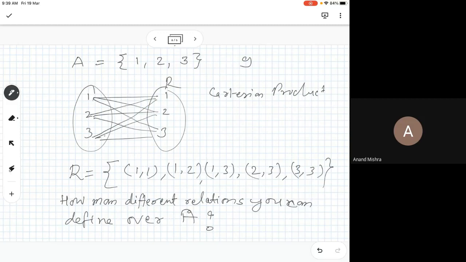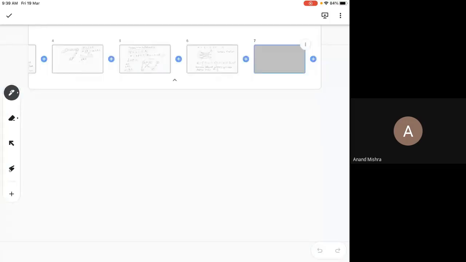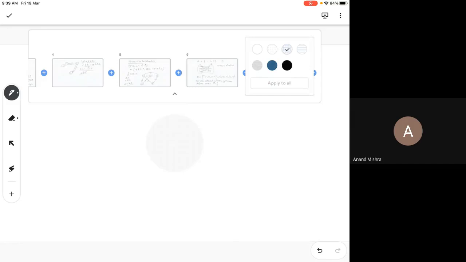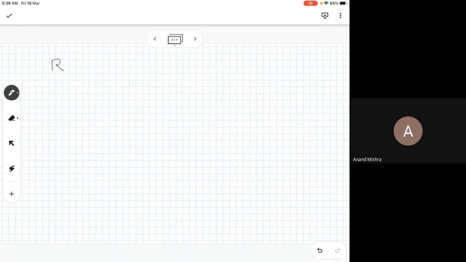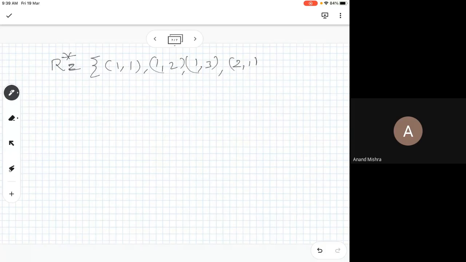Any subset of that will also be a relation, right? Let's call it R star, which contains all the relationships possible: 1 to 2, 1 to 3, then 2 to 1, 2 to 2, 2 to 3, and 3 to 1, 3 to 2, and 3 to 3.